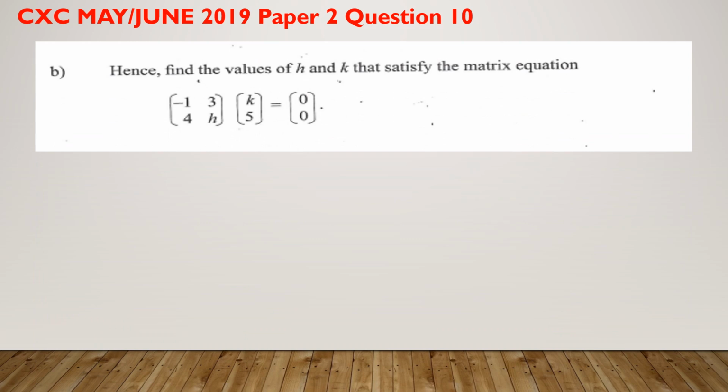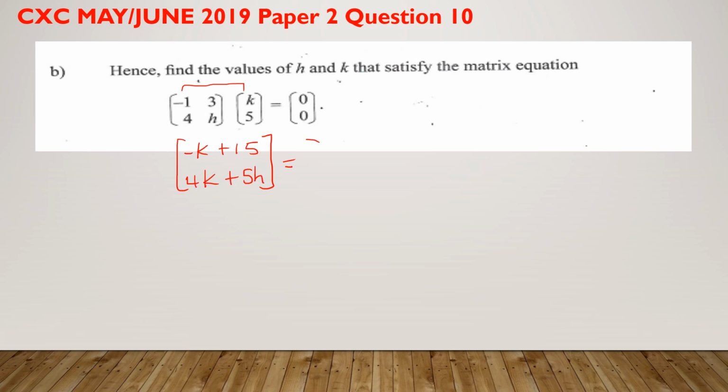Here we have part B of the question. It says, hence, find the value of H and K that satisfy the matrix equation. So we worked out the multiplication of these two matrices, and we got -K plus 15. We got 4K plus 5H.